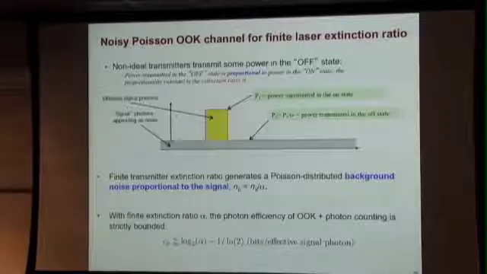Well, the model is that it's proportional to the amount of power you transmit in the on state, and that proportionality constant is called the extinction ratio. So with a finite extinction ratio, you use a Poisson model on signal plus noise, and you find out that the photon efficiency is strictly bounded by something that's like the log of the extinction ratio.